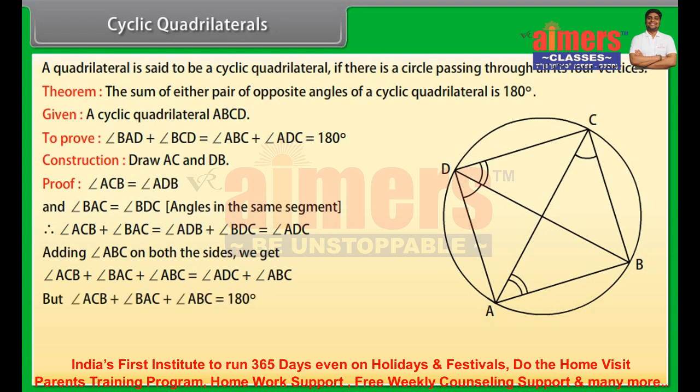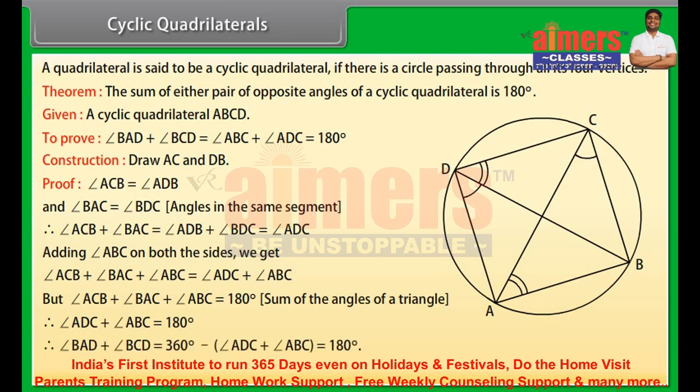But angle ACB plus angle BAC plus angle ABC is equal to 180 degrees, because the sum of the angles of a triangle is 180 degrees. Therefore, angle ADC plus angle ABC is equal to 180 degrees. Therefore, angle BAD plus angle BCD is equal to 360 degrees minus angle ADC plus angle ABC, which is equal to 180 degrees. Hence proved.